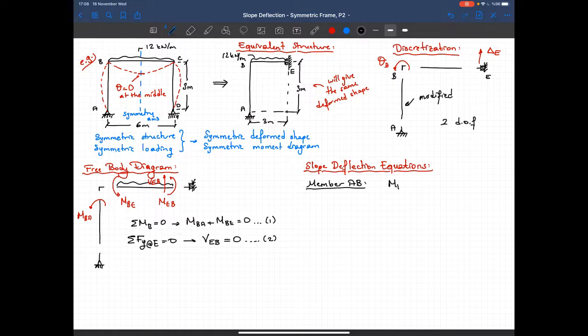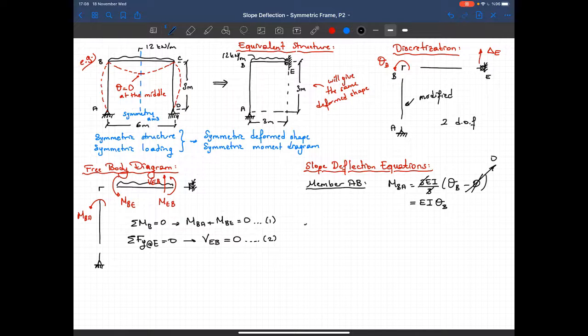So MBA, I'm using the modified equations. So 3EI over 3 times theta B minus phi. No member loading, so no fixed moment, and this is equal to 0. These two cancel each other, and this one is equal to EI times theta B.